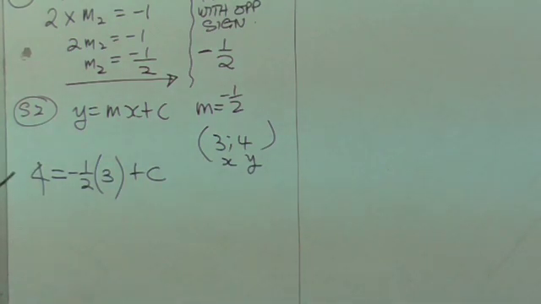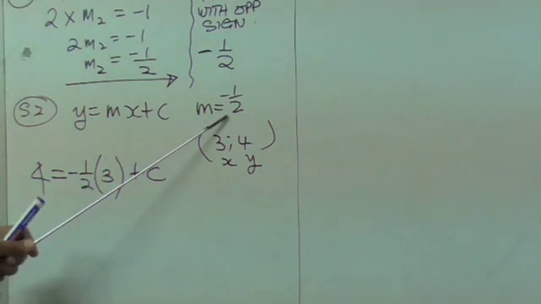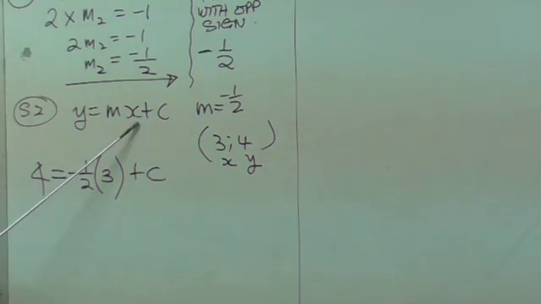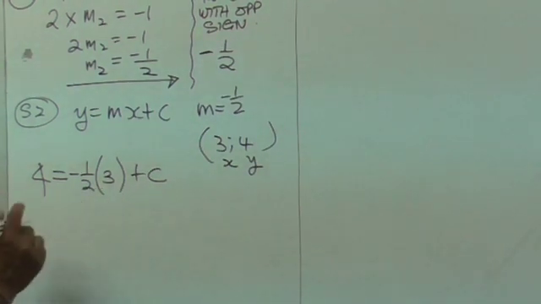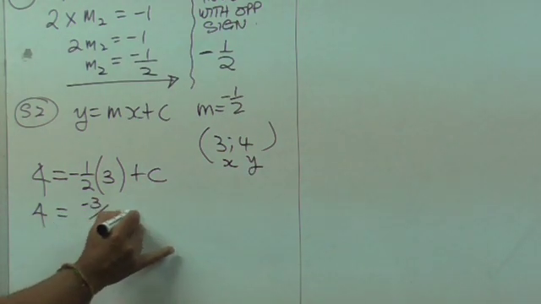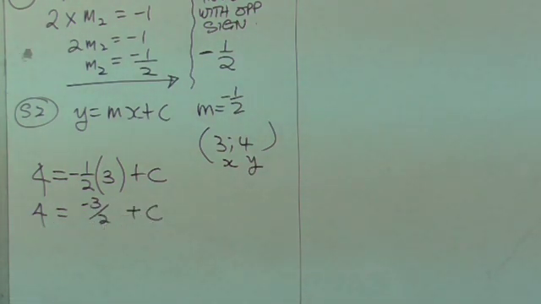Let's do this again slowly. So step 2, you want to find c. So you take the gradient and you take one ordered pair through which the line passes and put it in y is equal to mx plus c. So y is 4, m is negative half, x is 3, and you are solving for c. So this will give you 4 is equal to negative 3 over 2 plus c.